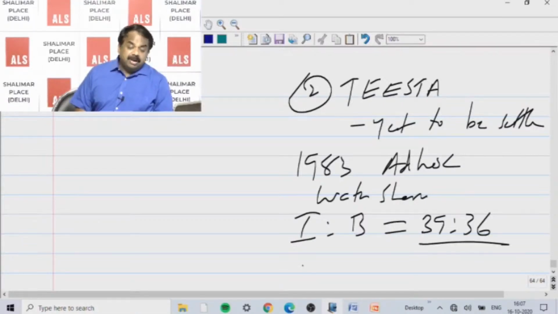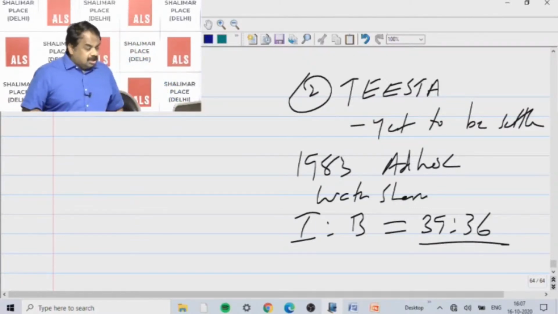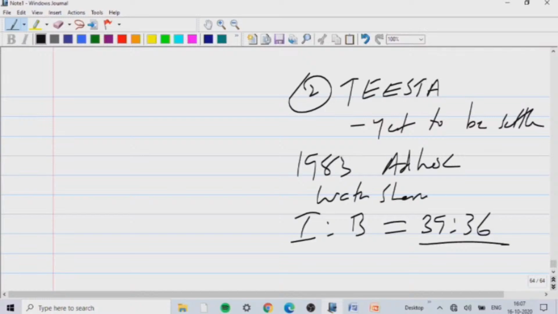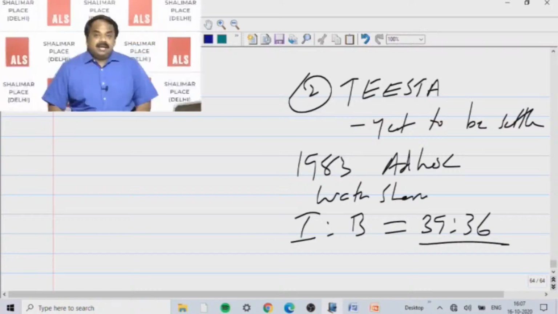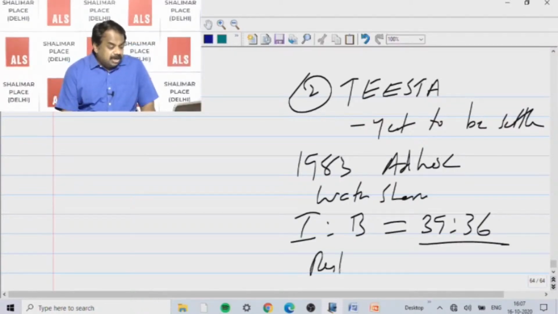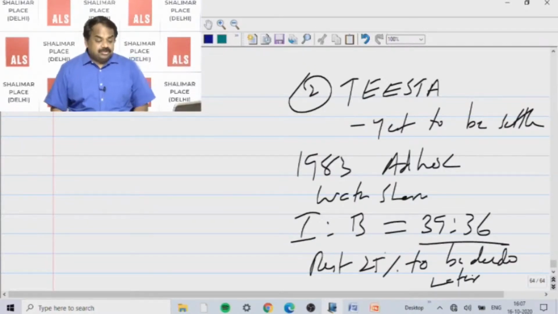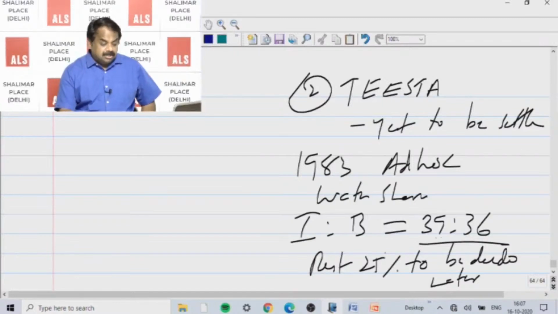So 75% of the water we will share, 25% to be decided later on, because 39 plus 36 is equal to 75.